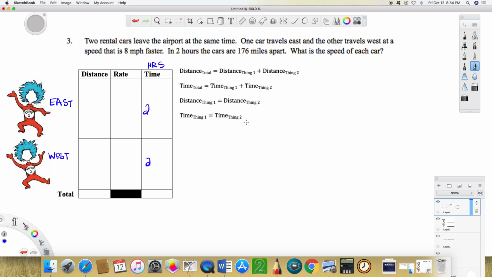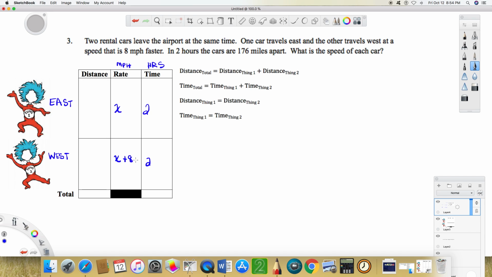We're asked to find the speed of each car. So if I just call x the speed of the eastbound car, and it has units of miles per hour, the westbound car its speed is 8 miles per hour faster, so that would be x plus 8.